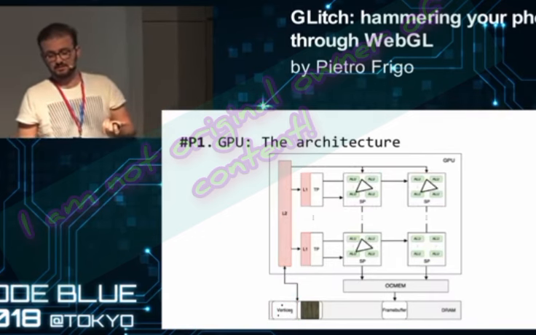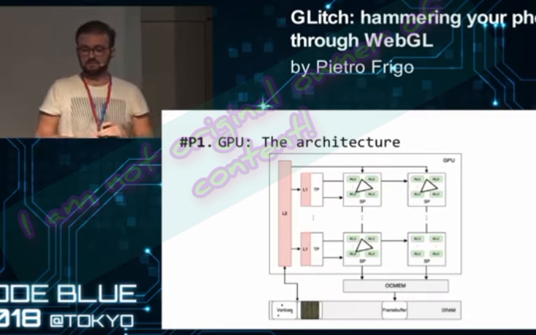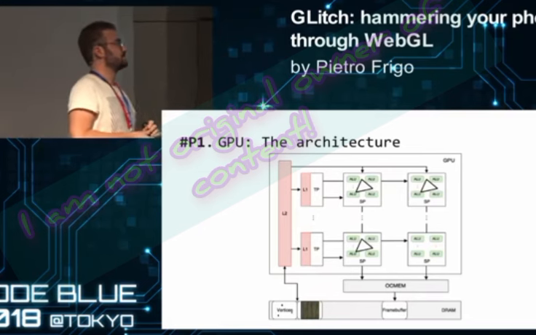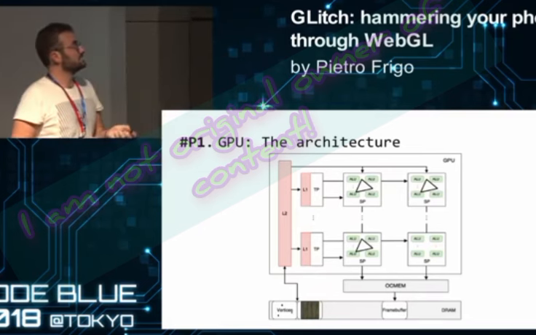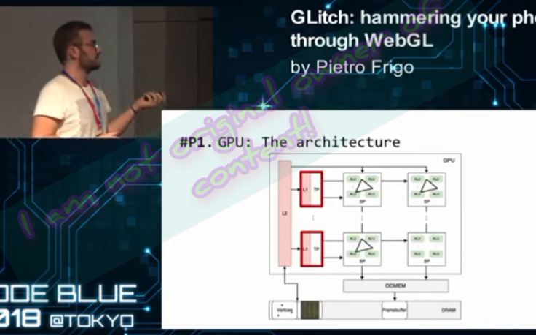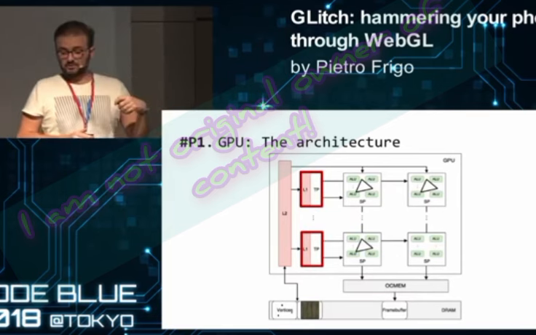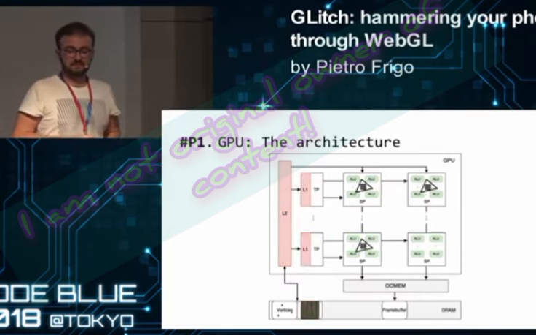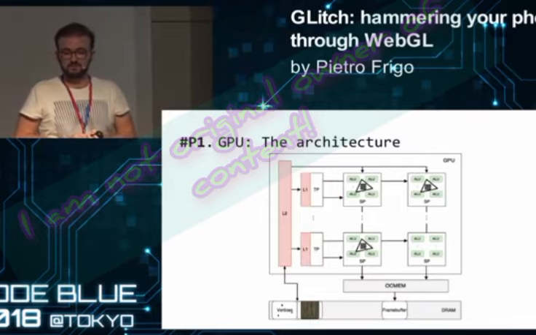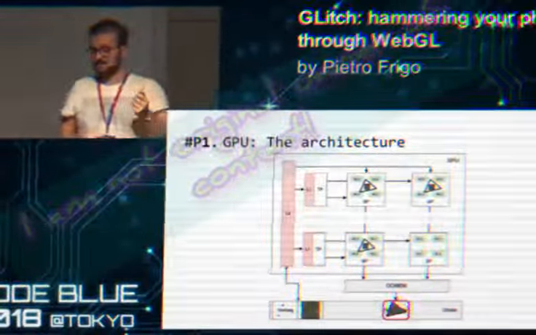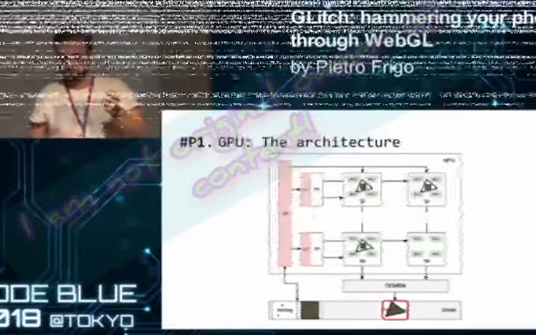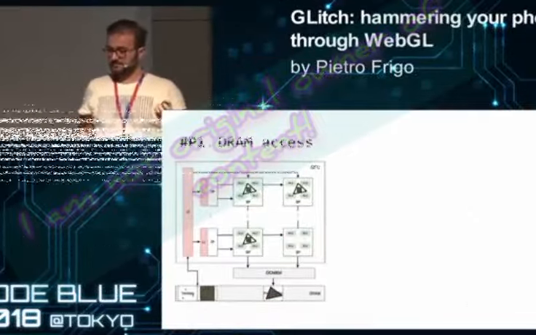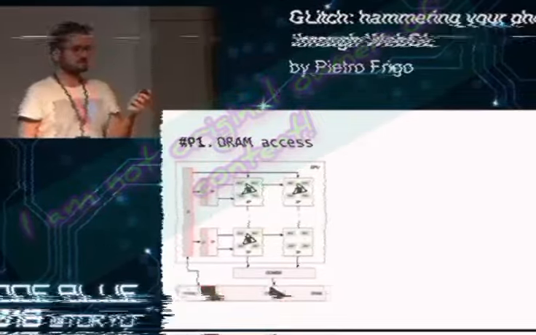So you get the polygons at the end of the vertex shader inside your stream processors. And then what it does is query these other units, which are the texture processors, to get the texture from memory and fill in the fragments with the associated pixel of the texture. And at the end, you will get the content in the frame buffer. Now, this gives you 3 possibilities to get DRAM access.